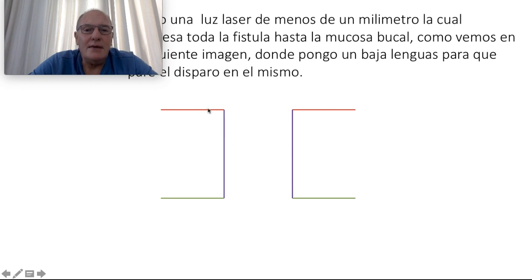The skin of the labia is this, and it goes deep to the mucosa when the piercing is put in the labia.